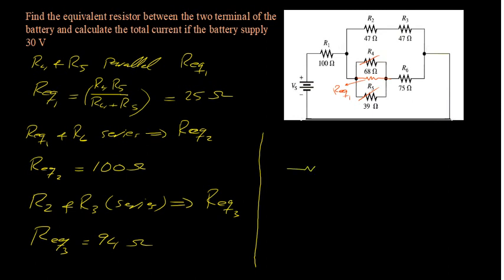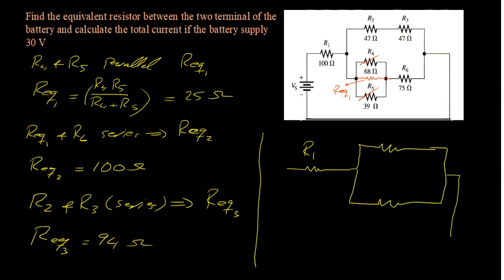I have R1, this one is R equivalent 3, this one will be representing R equivalent 2. Okay, so this is how our circuit looks up to this stage.